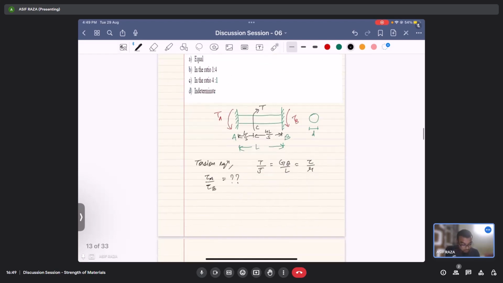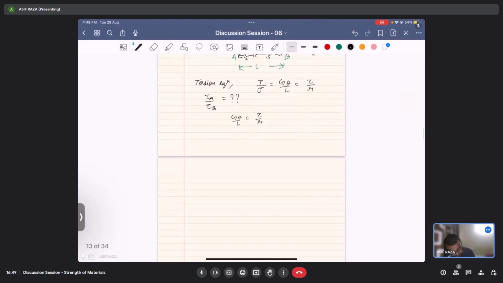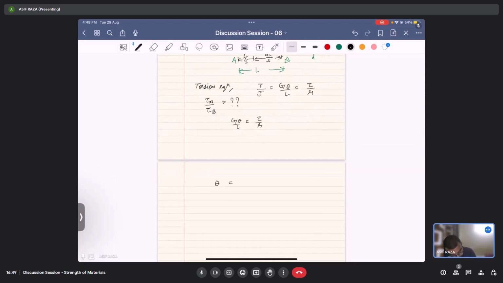We'll use the expression 2 and 3, that is G theta by L equal to tau by R. So if I see, G is same, R is same, L will change, right?